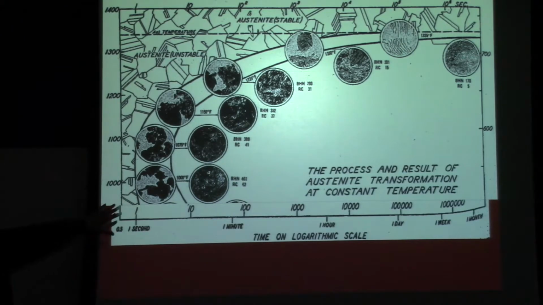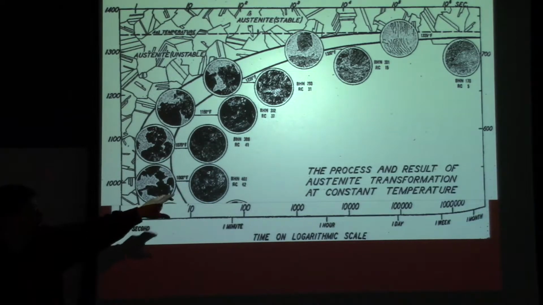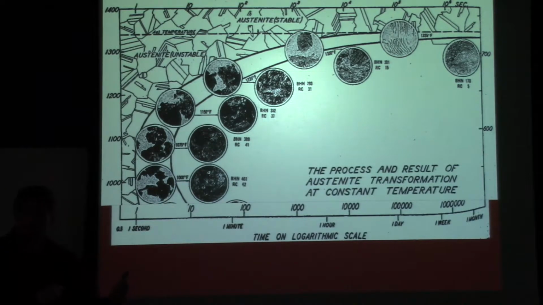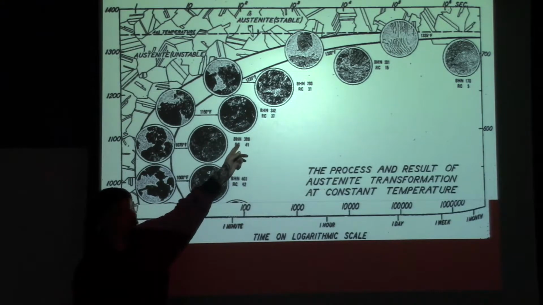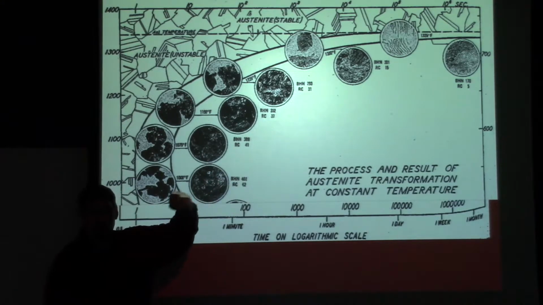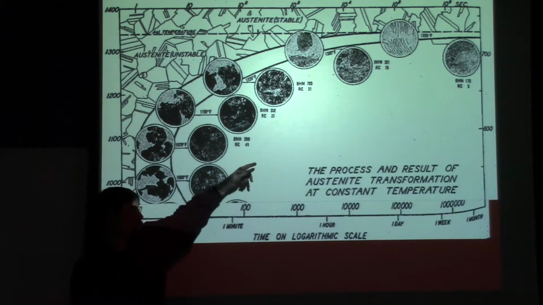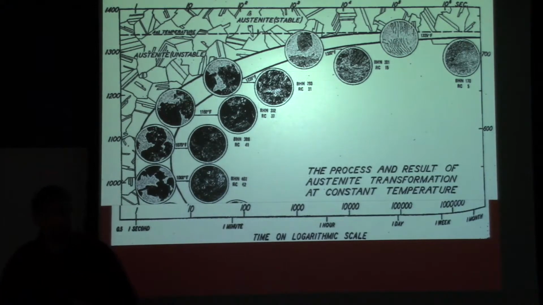The microstructures unfortunately didn't copy over that well here, so we really want you to focus on the change in hardness, because we saw how microstructure and hardness were related in the earlier experimental work, and you can see that here. I'll point out BHN stands for Brinell hardness number, just another way of measuring hardness. The RC is the Rockwell C, probably one you're more familiar with.